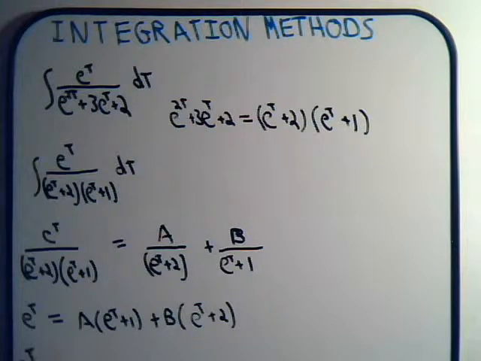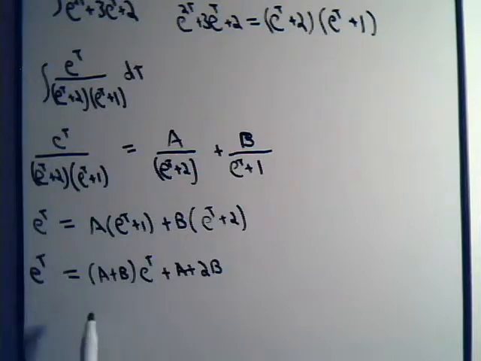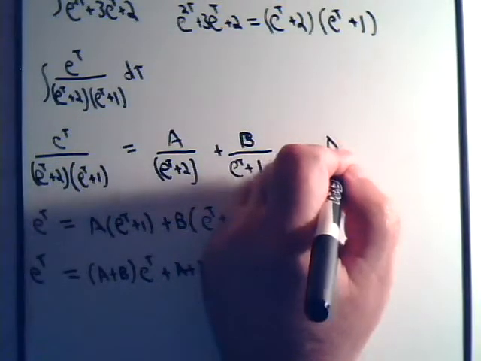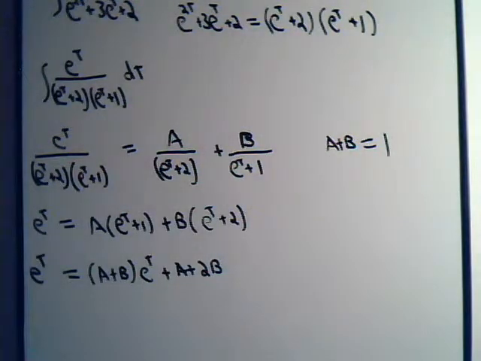We collect terms: A plus B times e to the t, plus A plus 2B. So here we have e to the t on this side, multiplied by 1, so A plus B has to equal 1, and A plus 2B has to be 0.